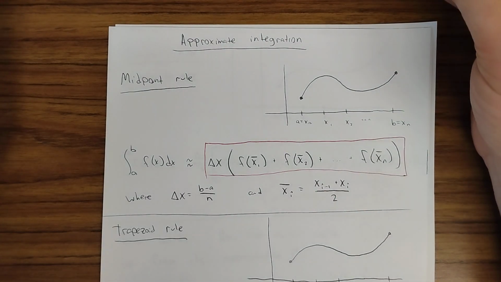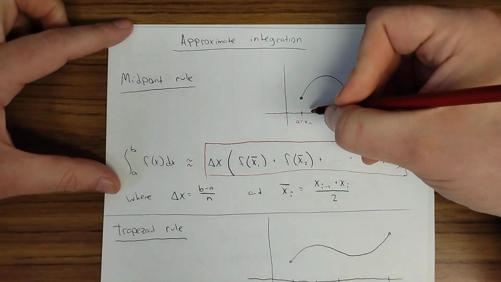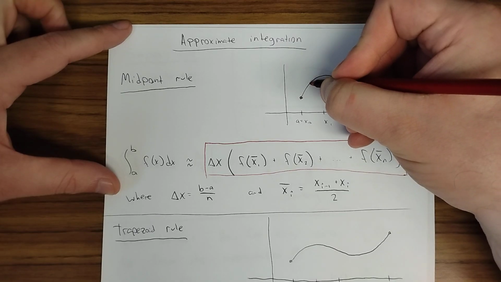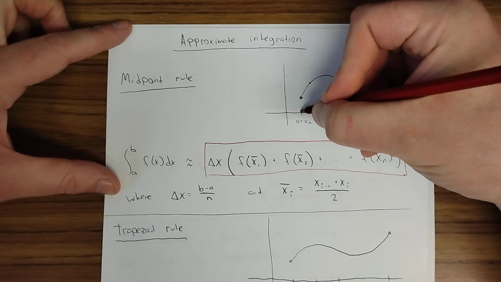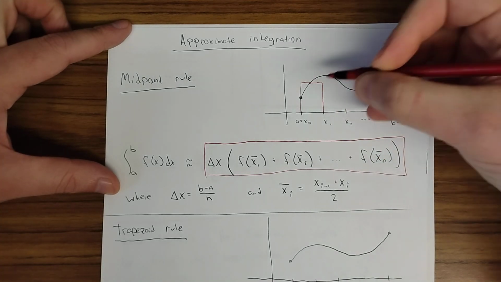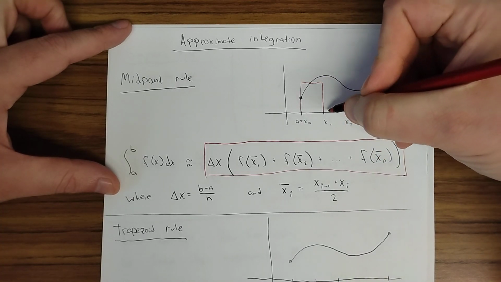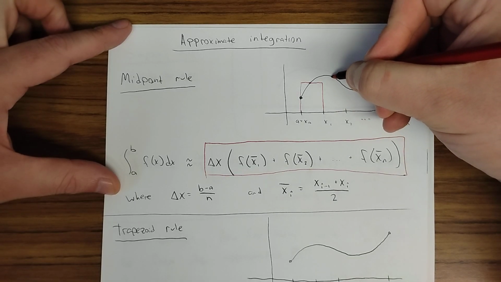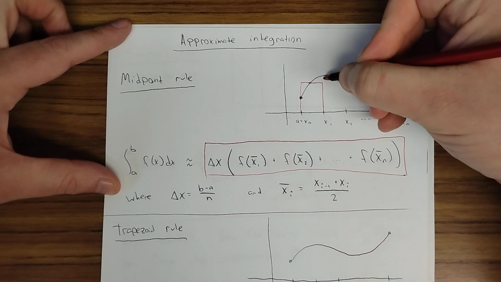But what I'm going to do is use the midpoint rule. So let me just estimate where the midpoint is, draw my way up, and then this is how high that rectangle is going to be. And then likewise for the next subinterval, the midpoint is maybe here, and so the height is going to be like this.